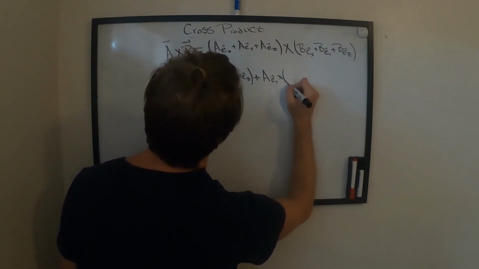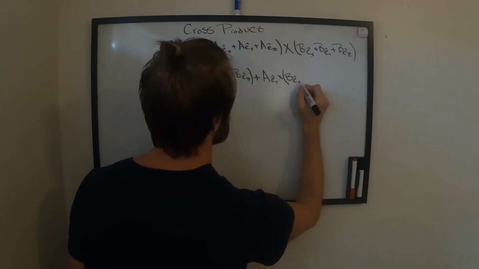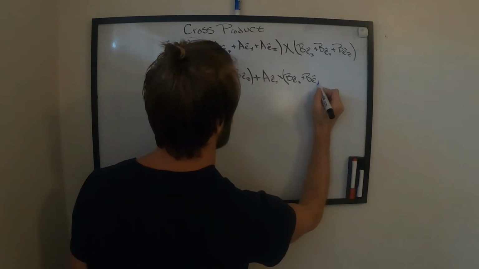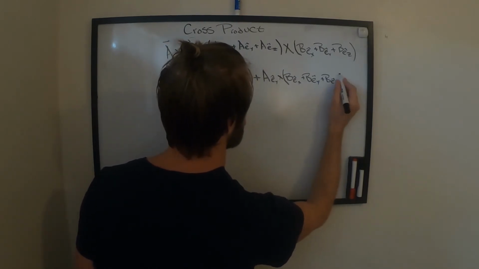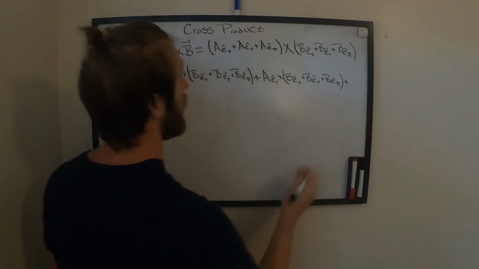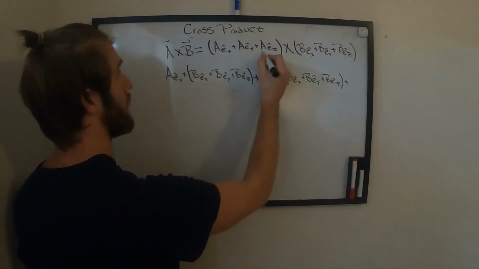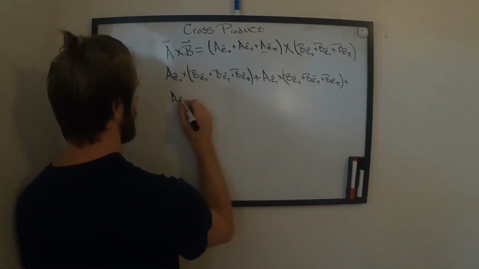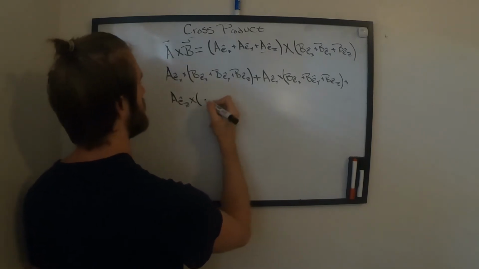cross, we're going to have B e-hat sub x plus B e-hat sub y plus B e-hat sub z. And now, as I'm sure you've guessed, we're just adding our next term for A. So A e-hat sub z cross these components here.